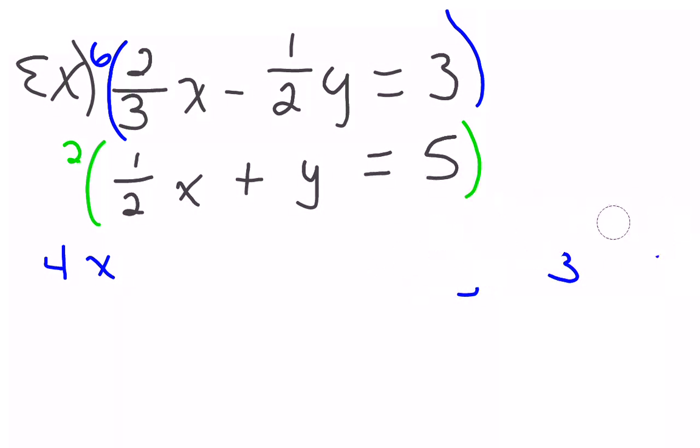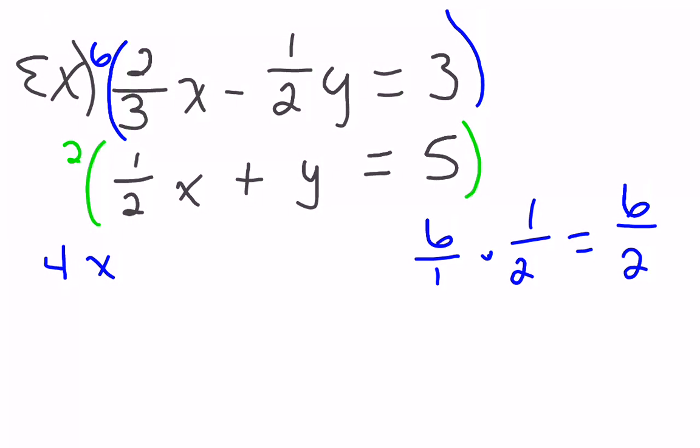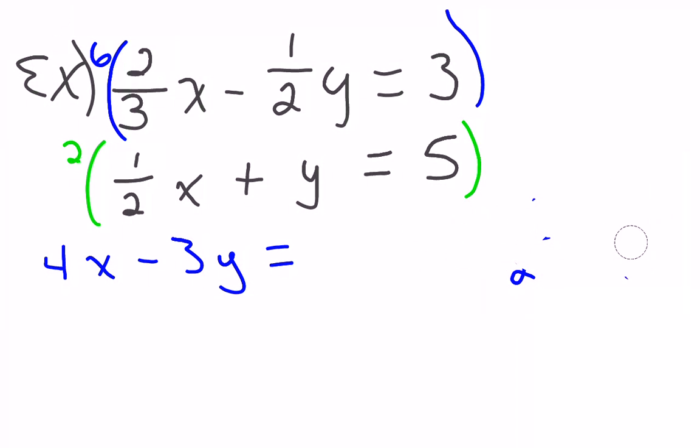Now we're going to multiply the second term. So let's take a look at what that looks like. So again, we have 6 over 1 times 1/2. Multiply straight across, we get 6 over 2. 6 divided by 2 is 3. So we have minus 3y. And then for the last part, there isn't a fraction there, so we just do 6 times 3, and that gives us 18.